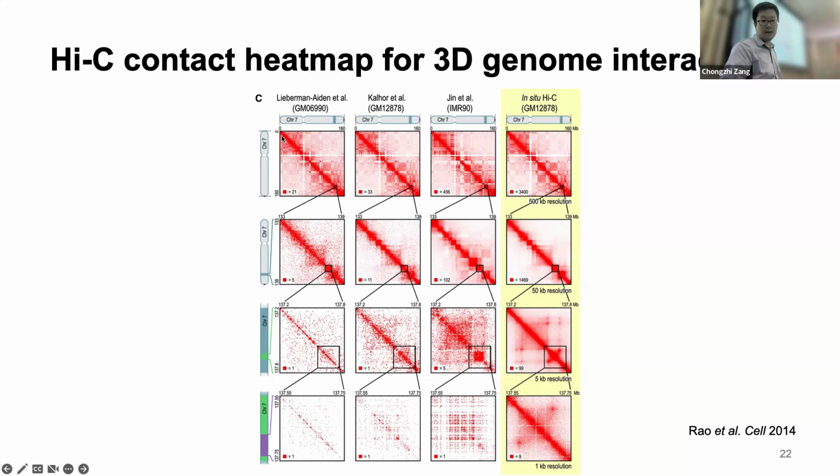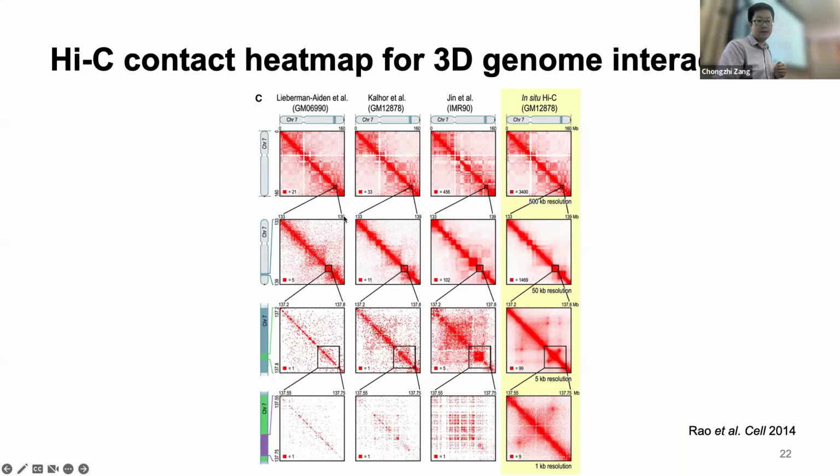We can see that for both X and Y, both rows and columns, they represent the genomic coordinates, and the color in the heat map represents the contact frequency, or the level of signal, in each location, meaning the contact frequency between the 2 locations represented by the column coordinates and the row coordinates respectively.